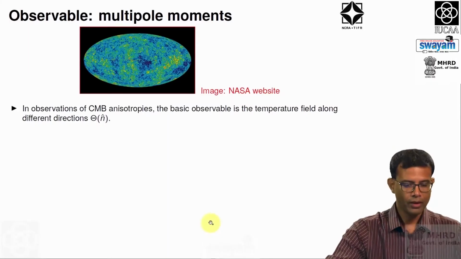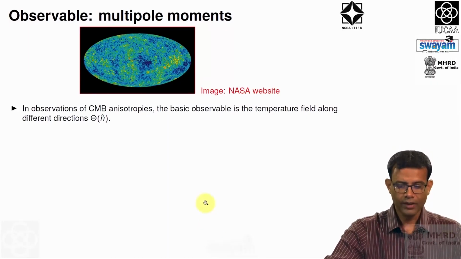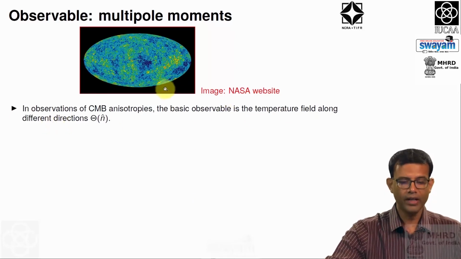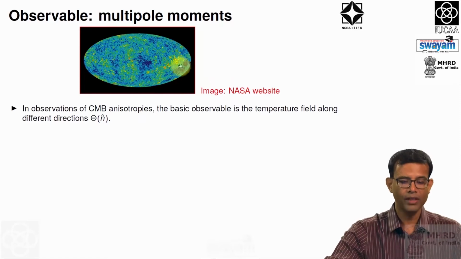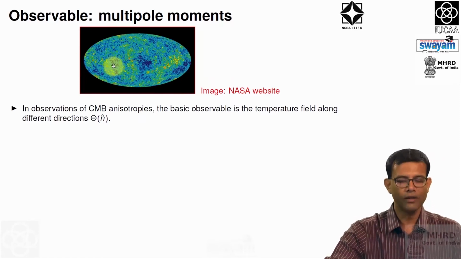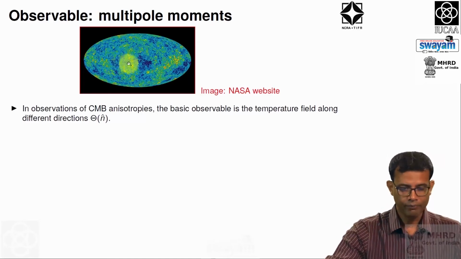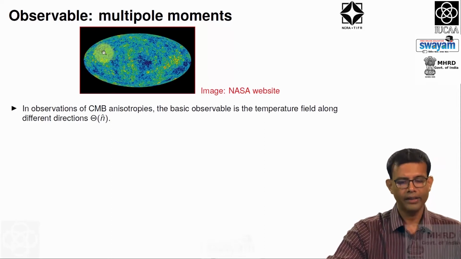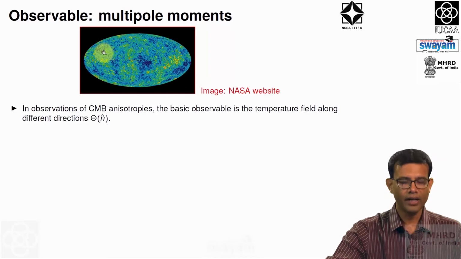Now, when we observe CMB anisotropies, the basic observable is the temperature field along different directions. This, for example, is something which WMAP had observed. You will get a similar picture, for example, for Planck. You can see these are different directions along the sky, and each point has a temperature, and the value of temperature is different at different directions.